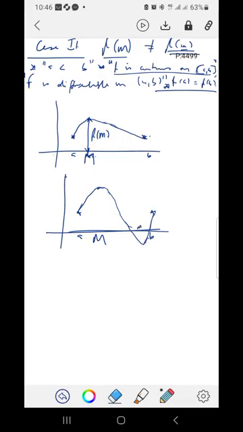Now, this one here is taller than everyone, and this one here is shorter than everyone. So this is F of M, and this is F of little m. This is F(a), and this is F(b).